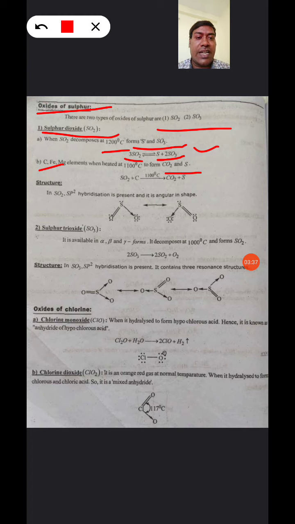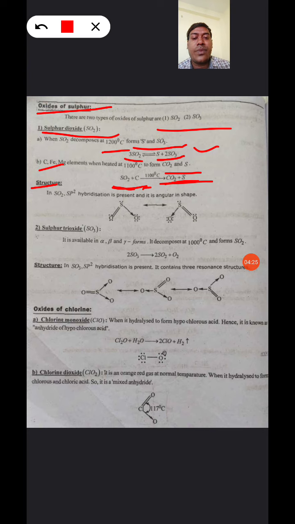So in this reaction, SO2 sulfur dioxide reacts with carbon at 1100 degrees centigrade temperature and forms CO2 carbon dioxide and sulfur.